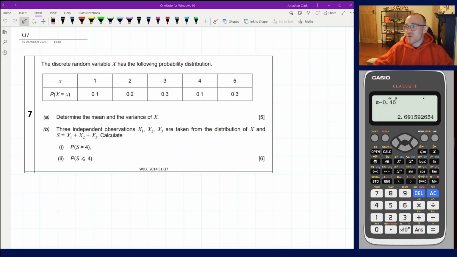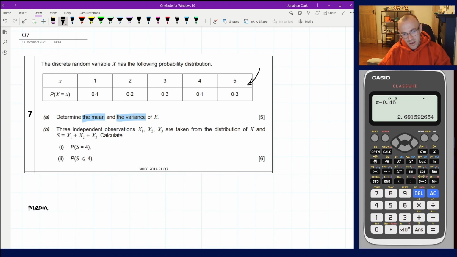Hello everybody, we're on question 7 now, and we're on to the stats part of the paper. Here's a question about discrete random variables. This is a random variable where we can get any of the numbers 1, 2, 3, 4, 5 with differing probabilities. And the first question is very standard. They're asking for us to calculate a mean and a variance.